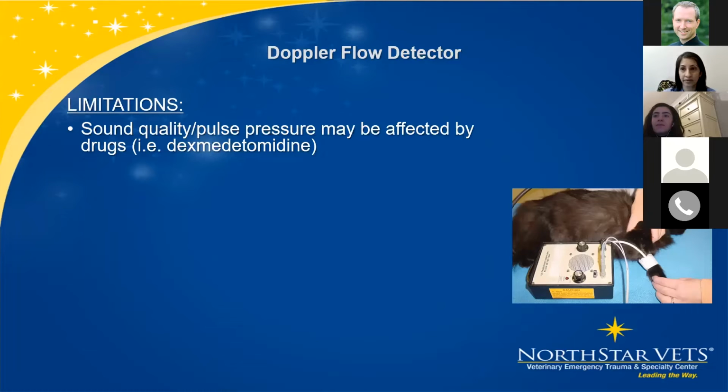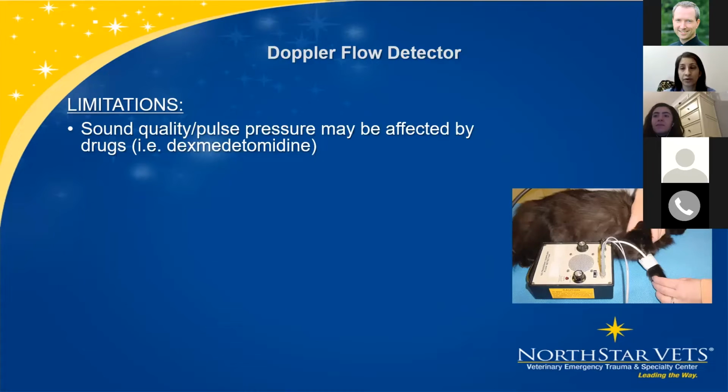And that's because that pulse sound that is being generated, as well as if you palpate a pulse, the feeling and the sound are generated by the difference between the systolic and diastolic pressures. And so some of these drugs end up bringing those two values closer together.